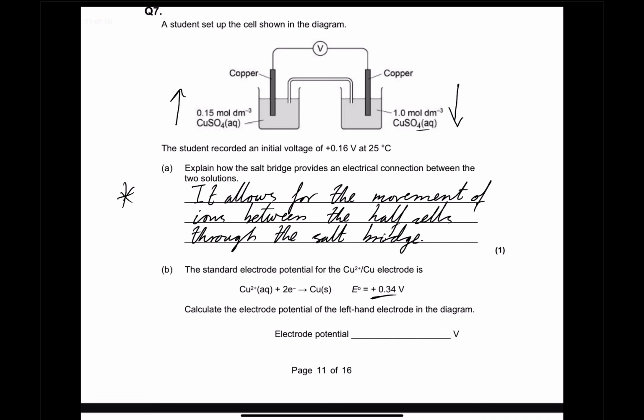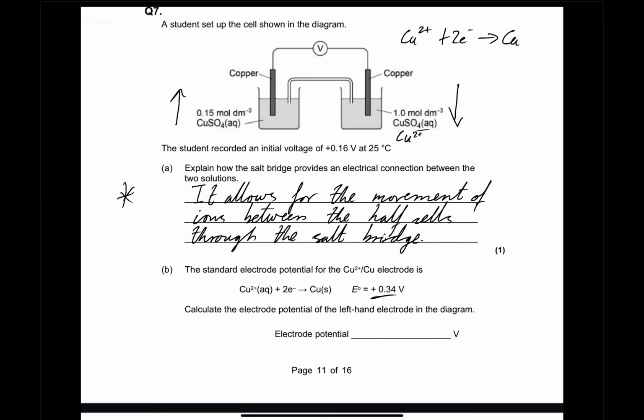So this would undergo reduction to reduce this concentration. We need to go from Cu2+ to Cu solid to reduce the concentration of Cu2+, so Cu2+ plus 2 electrons to form Cu solid.